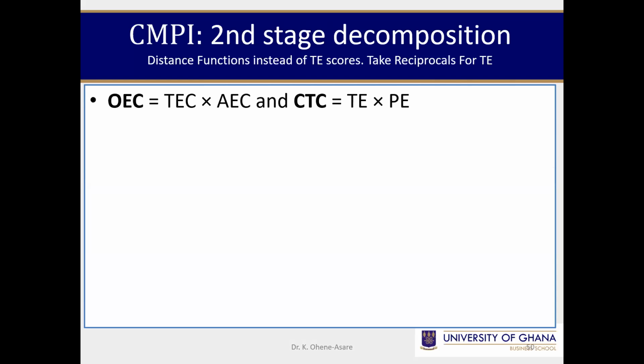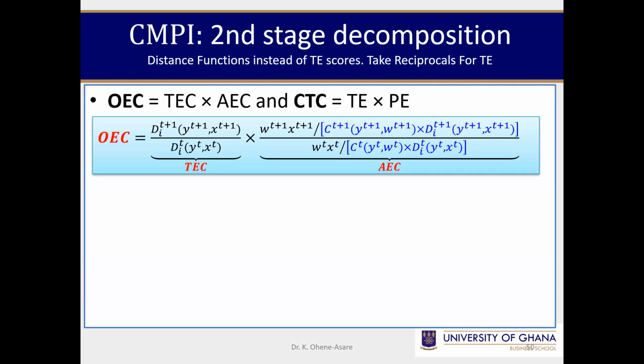Anyway, let's now go to the cost technical change, the CTC. That one too is split into technical change. I don't know why I wrote TE, but it's supposed to be TEC.